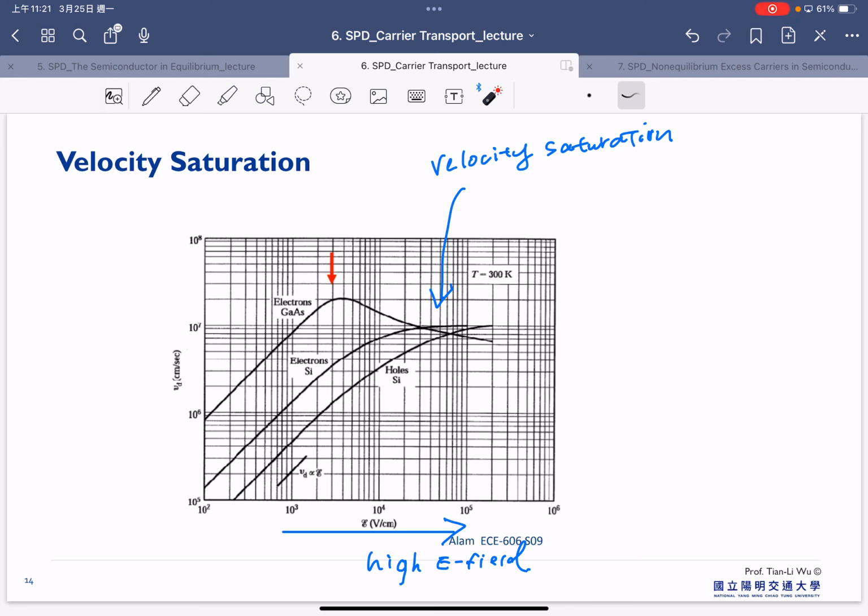The power amplifier means we want this system to sustain very high power, and amplify the power to boost the power. Usually this device needs to operate in a very high bias and high current condition, because the power is equal to the current times the voltage.